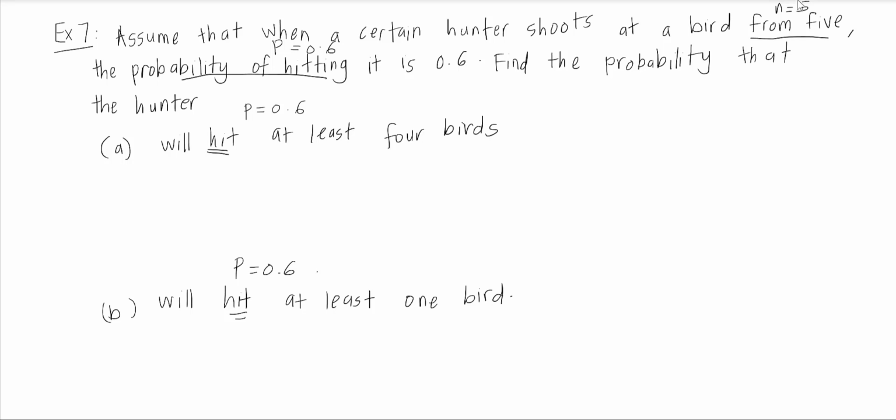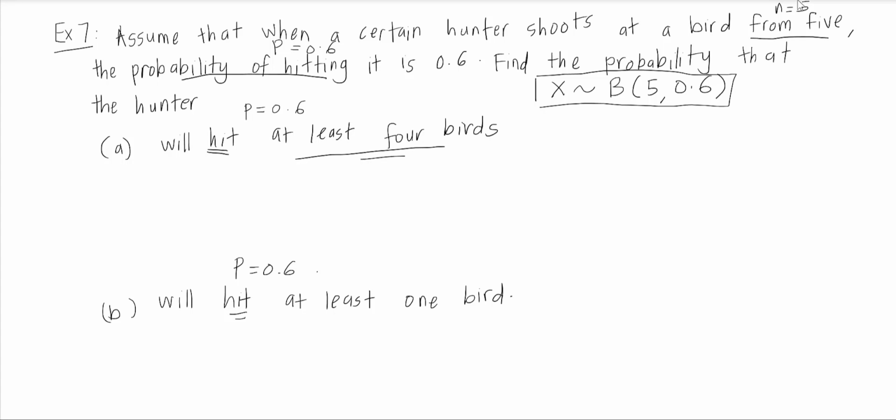So from the question, we already have the number of trials and the probability of success, so we can use the binomial because we have n is 5 and the probability of success which is 0.6. So we can use the binomial distribution for this question. Now the question is will hit at least 4.